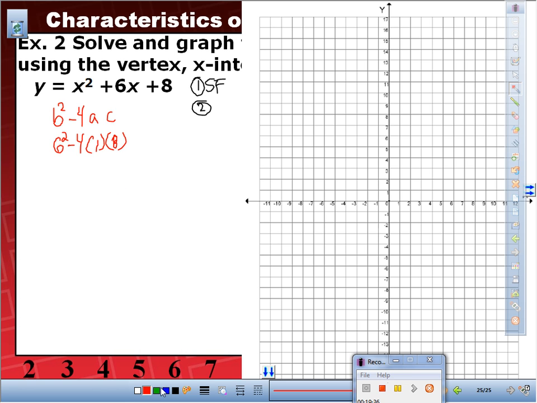Okay, so far so good. This is 36. Negative times a positive and a positive, still a negative. 4 times 1 and 8, that's 32. And what is this? 4, it's a positive, so therefore it's 2 roots. So make sure at the end we have 2 roots when we solve. That was step 2, using the discriminant.